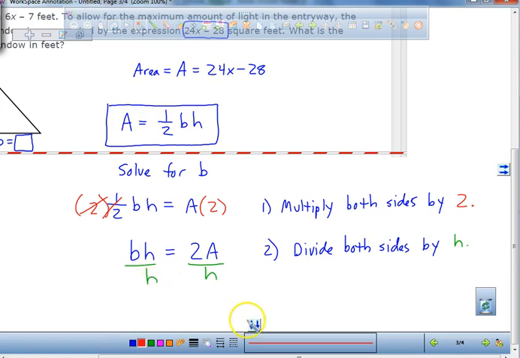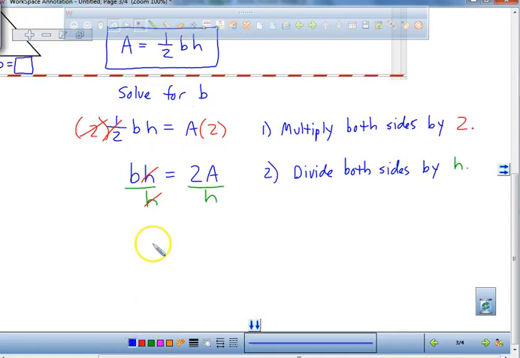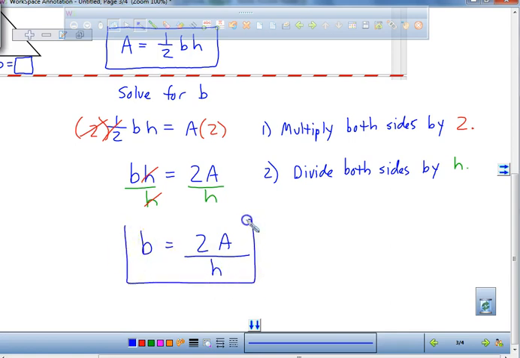What's h divided by h? What's any number divided by itself? 1. So h divided by h cancels to a 1. What is our b value equal to? It's equal to 2 times the area divided by the height. This is your formula for the base.